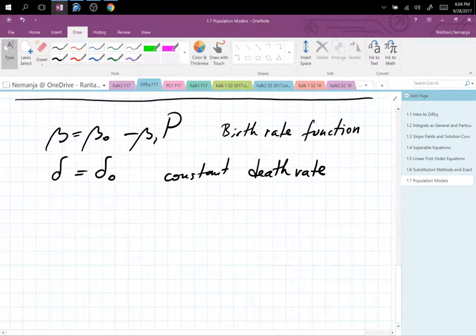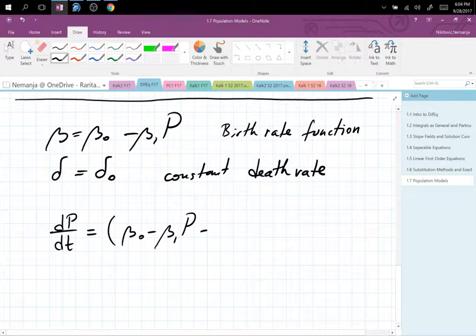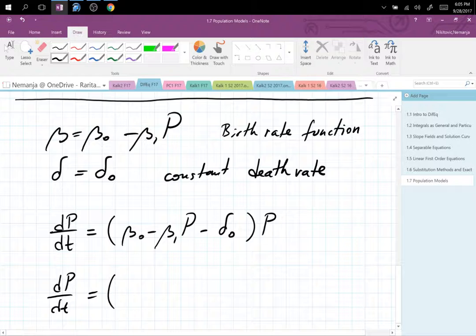So now, when you plug all of this in the differential equation, we're going to have beta 0 minus beta 1 P minus the constant death rate times P, and you distribute everything, you get beta 0 minus delta 0, those are the constants, times P, minus beta 1 P squared.